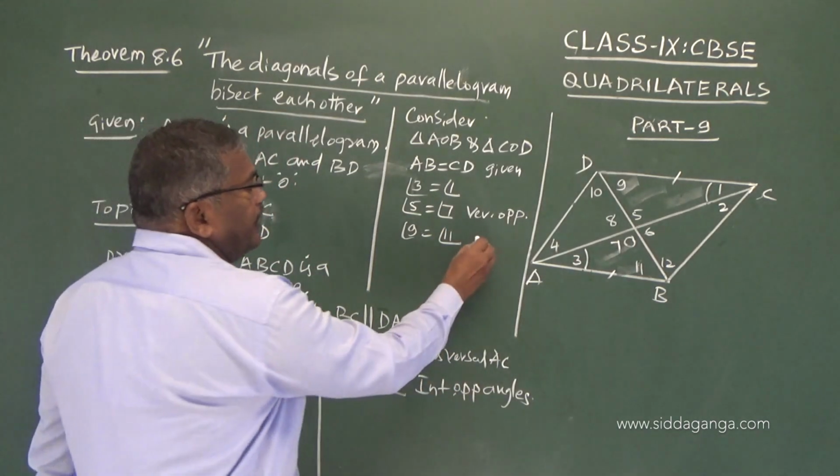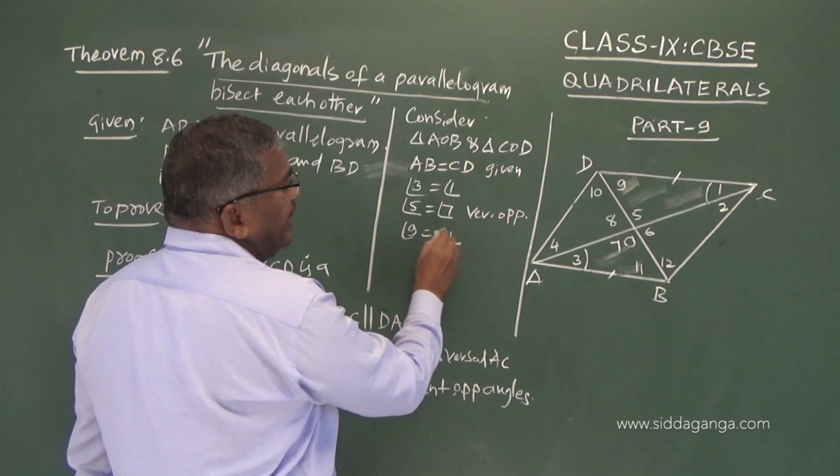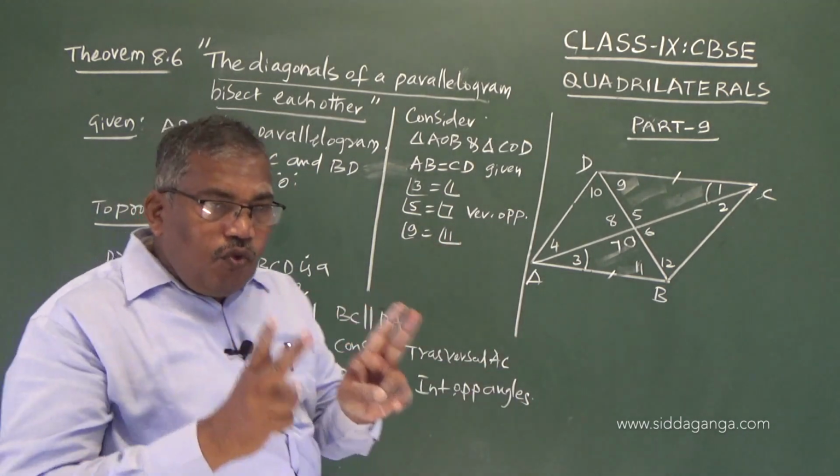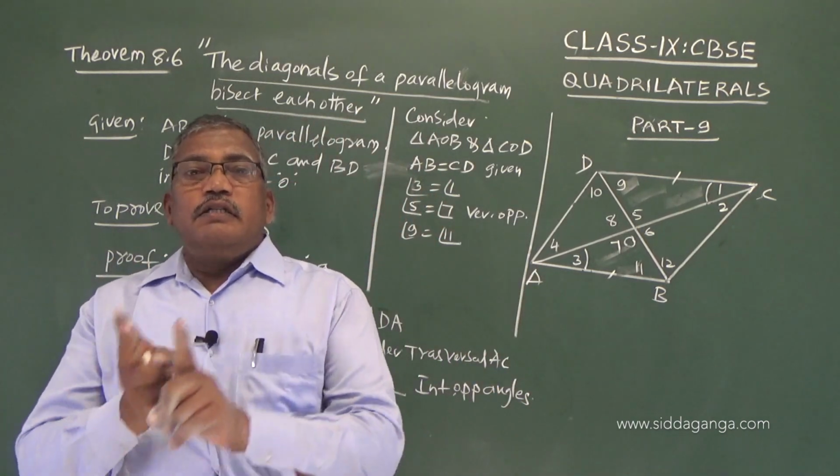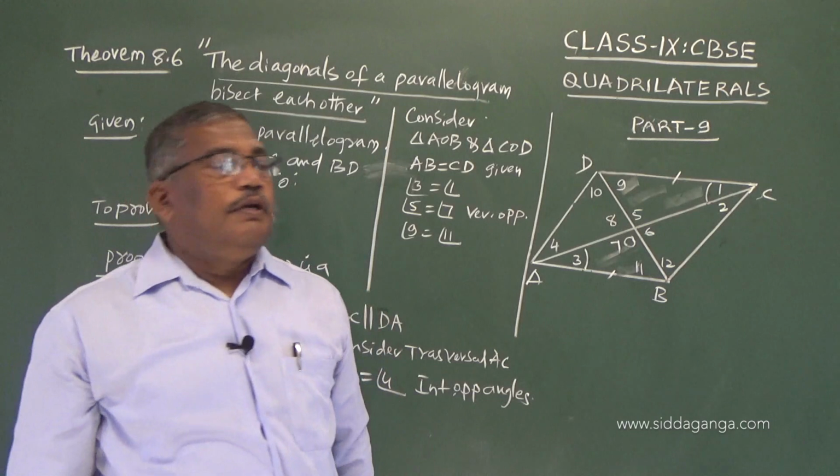Because by the angle sum property, when two angles of one triangle are equal to two angles of the other triangle, the third angle must be equal.